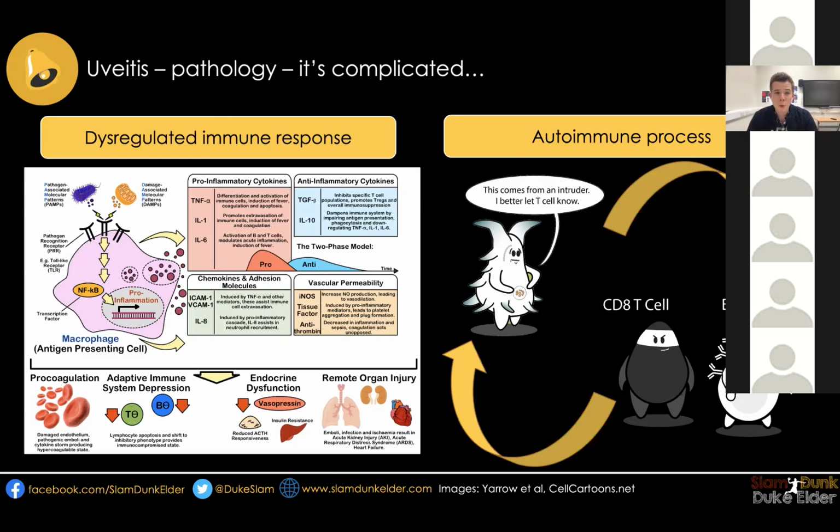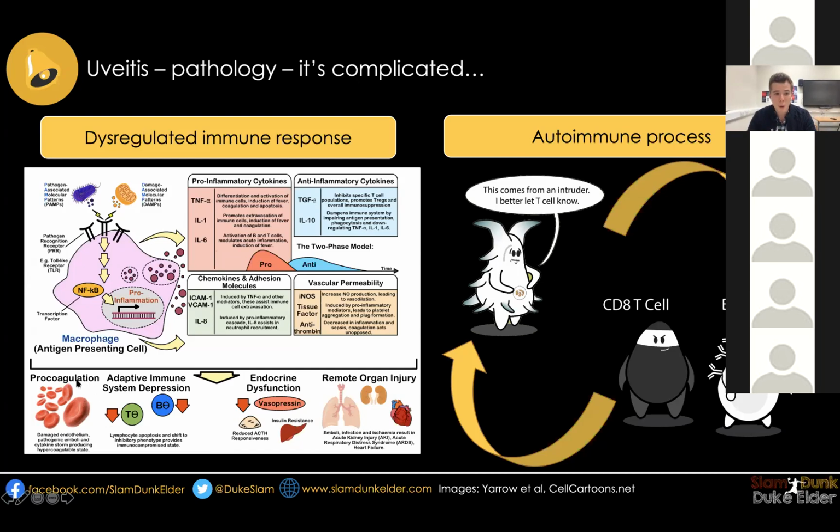A dysregulated immune response, a bit like a systemic inflammatory response, is when that local infection, the whole body hears about it and the whole body reacts to it. When these toxic cytokines are released into our bloodstream, other organs start to recognize this as a danger signal, and a whole array of things happen that we don't want happening in other organs.